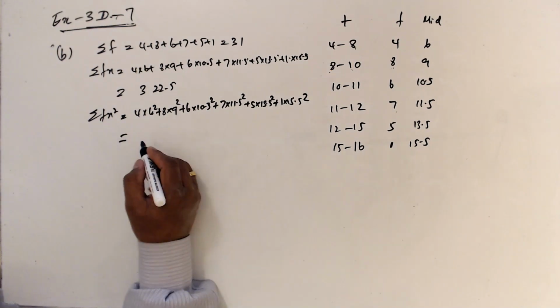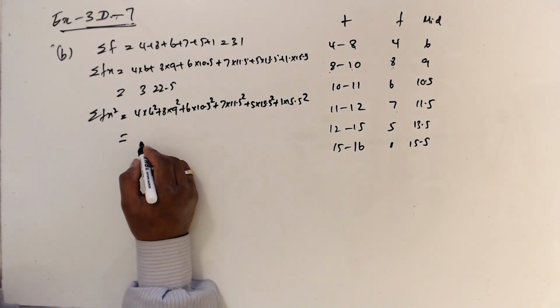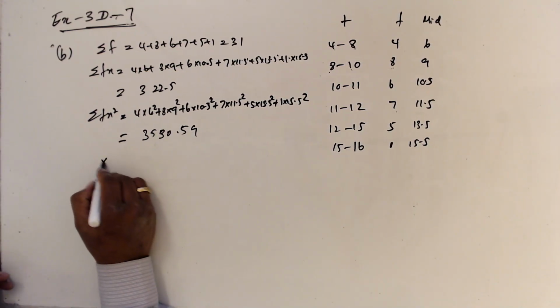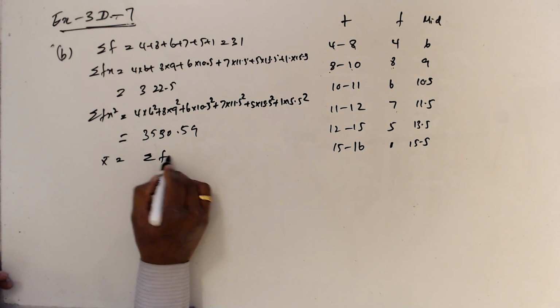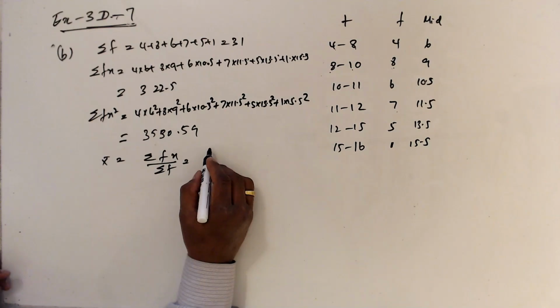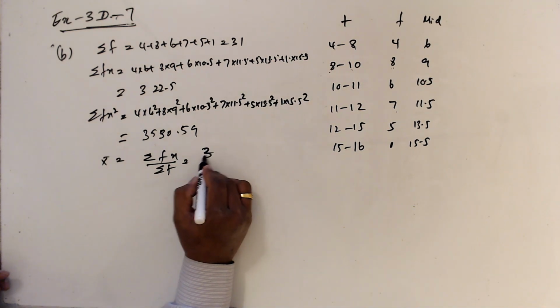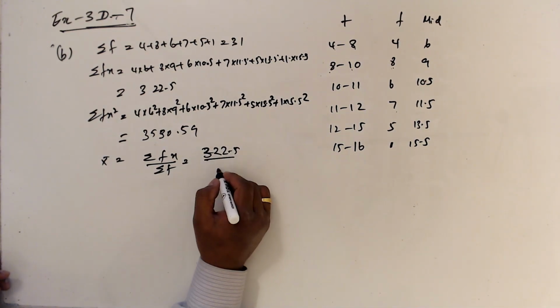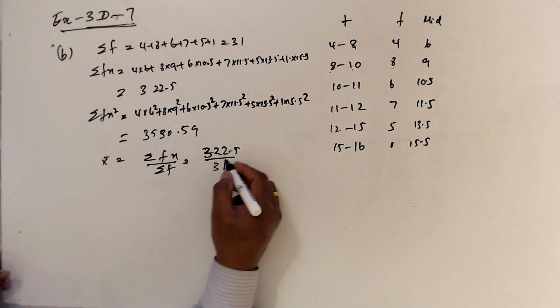So this value is going to be... The mean x bar is summation fx over summation f, that is 322.5 divided by 31.